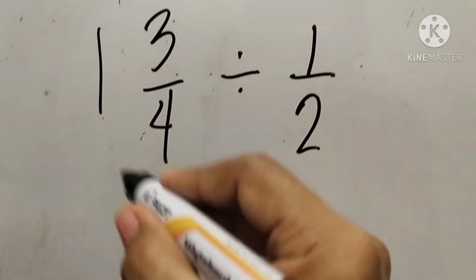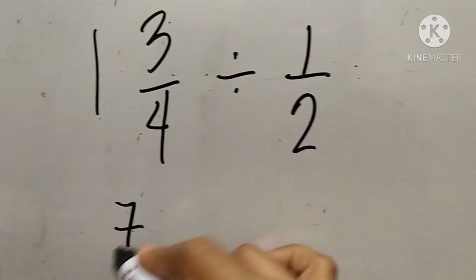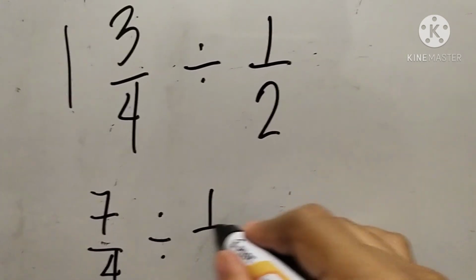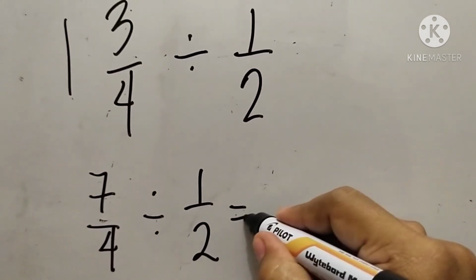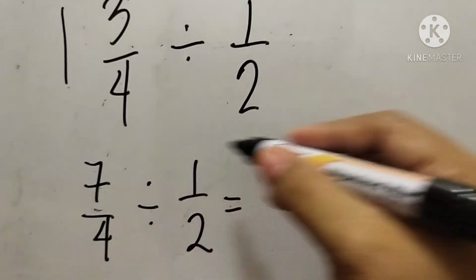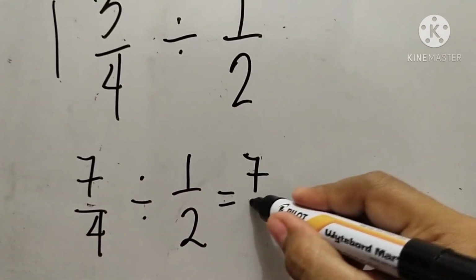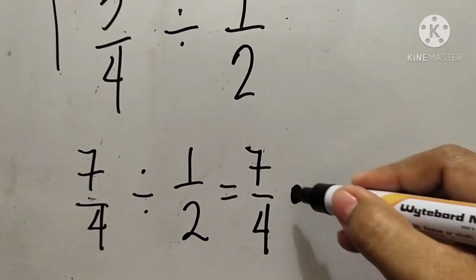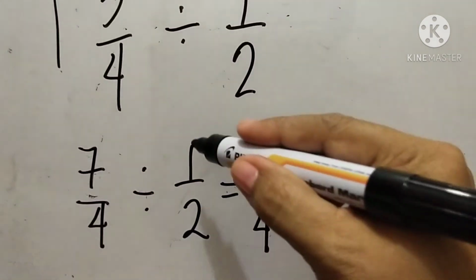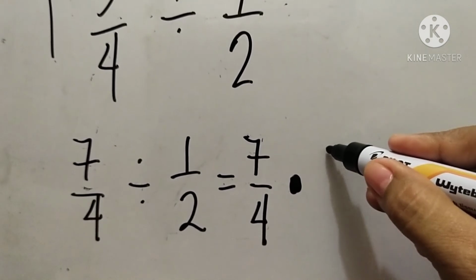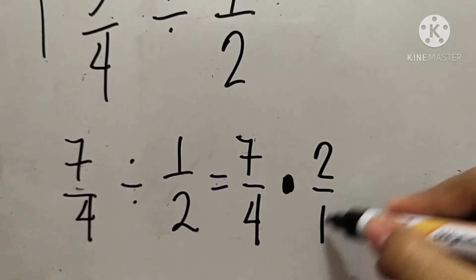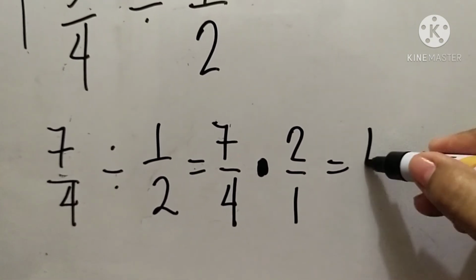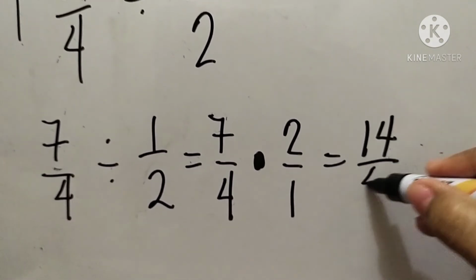Division, still the same. That is 7 over 4 divided by 1/2. In division, you have to write the numerator. Applying the rules, that division becomes multiplication. Get the reciprocal of the denominator, that is 2 over 1. And that is now 14 over 4.